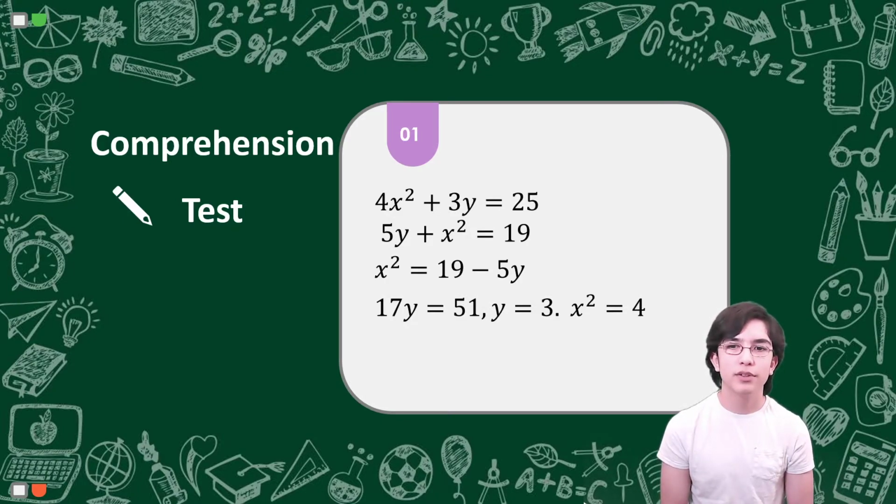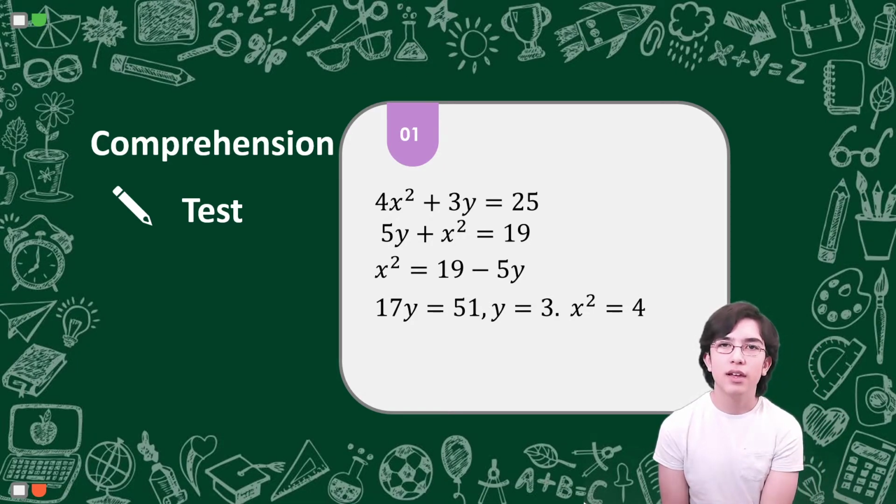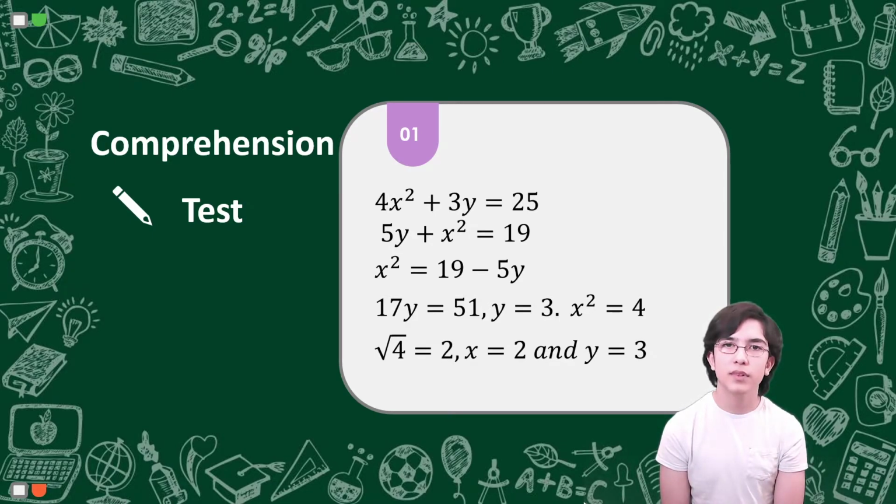And therefore y equals 3. And then 5 times 3 is 15, 19 minus 15 is 4, so x squared equals 4. And root 4 is 2, so x equals 2 and y is 3.